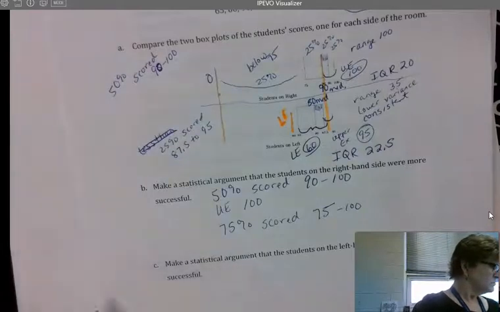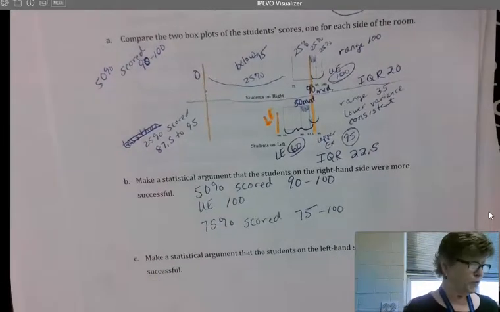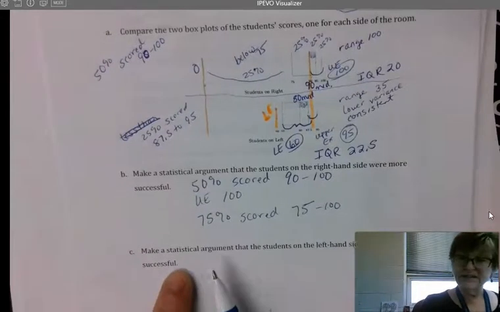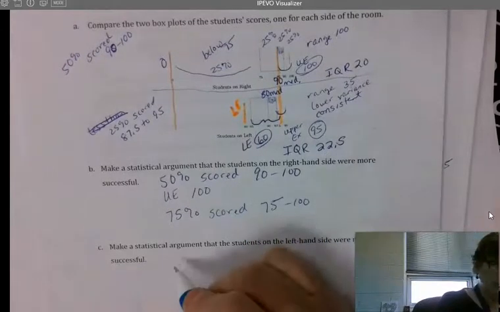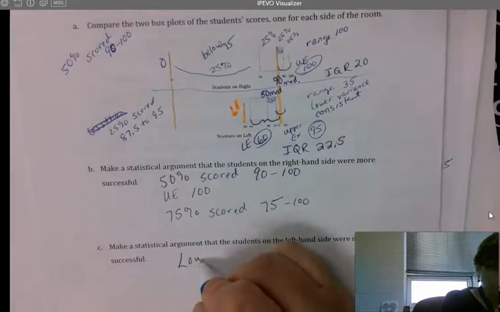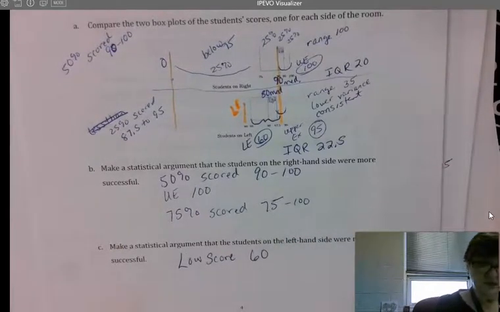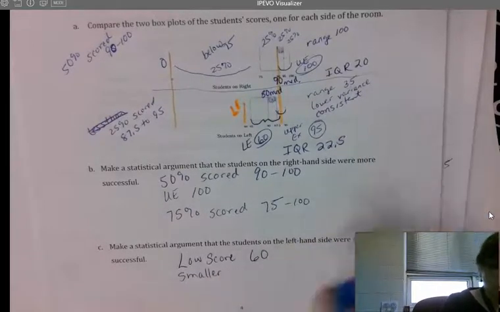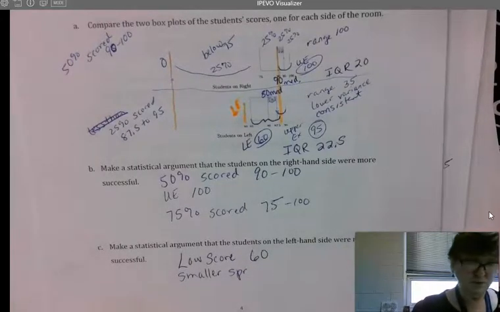For us to look at. Now, if we move on to another part, let's look at the statistical argument for the left-hand side. Well, one thing that's great is that the low score was a 60. It had a smaller spread. That's your IQR also. I'm sorry, it had the greater spread. My mind just went blank.